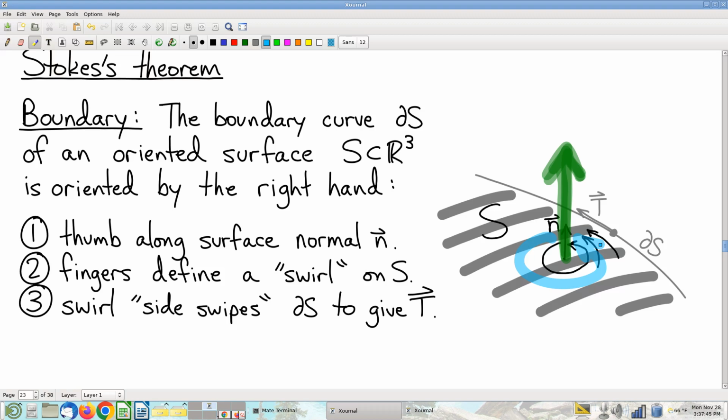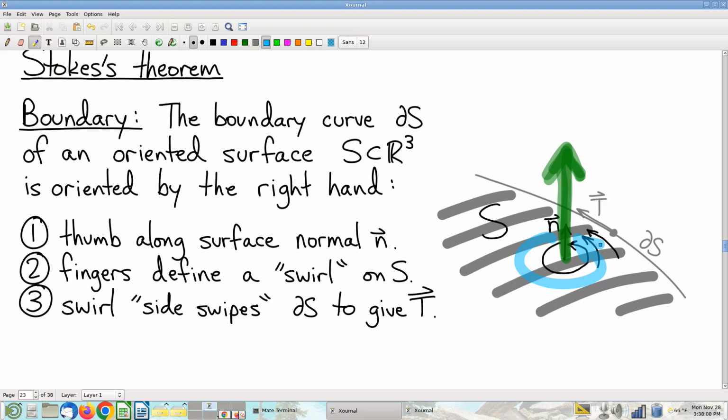All right, now you'll notice I'm going to hesitate to call this clockwise or counterclockwise because clockwise and counterclockwise depends on which side you're looking at it from. So don't fall into that trap. Don't think in terms of clockwise, counterclockwise. That won't work. Right, but nevertheless, thumb in the direction of the surface normal.